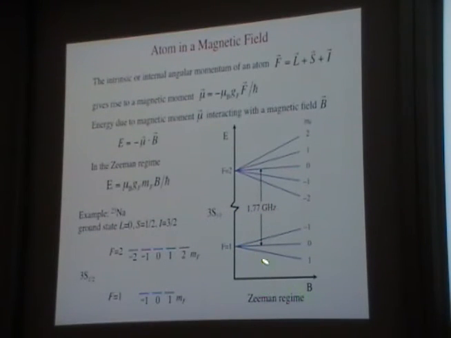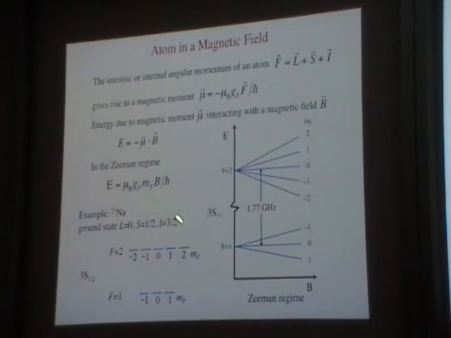But if I apply an external magnetic field, you get the splitting of these magnetic sublevels within a particular hyperfine manifold. In the lower hyperfine manifold, which has an opposite sign g factor to the upper one, you find that the m equals +1 state goes down in energy as a function of magnetic field.